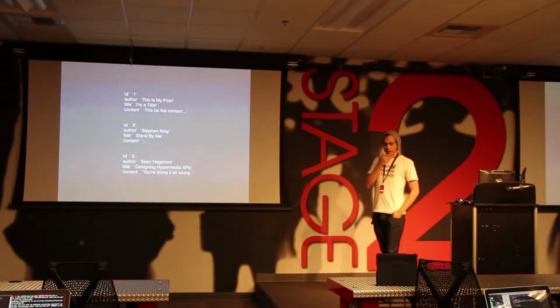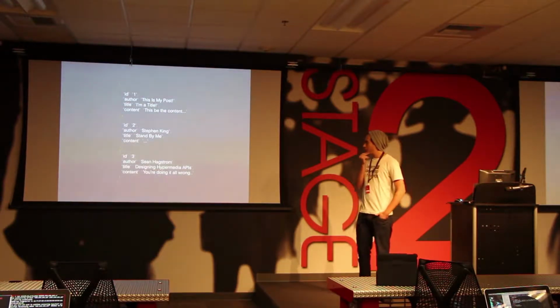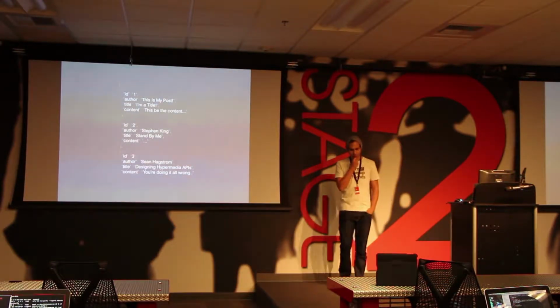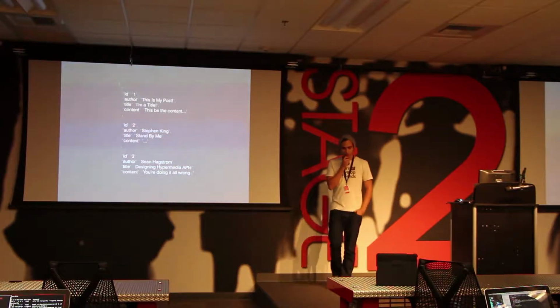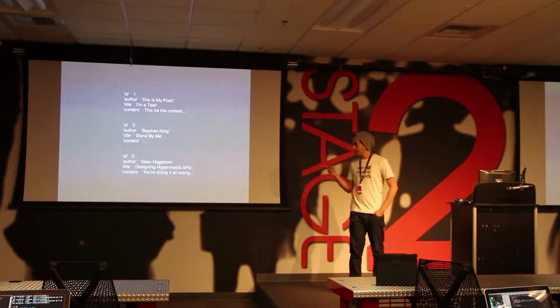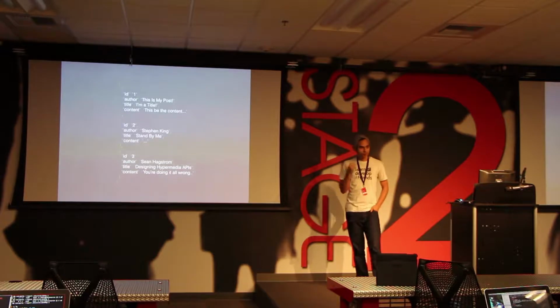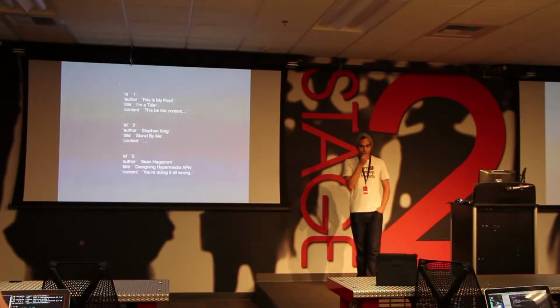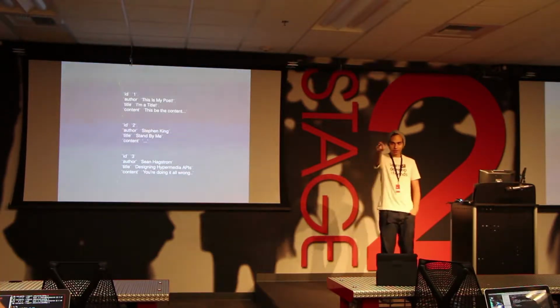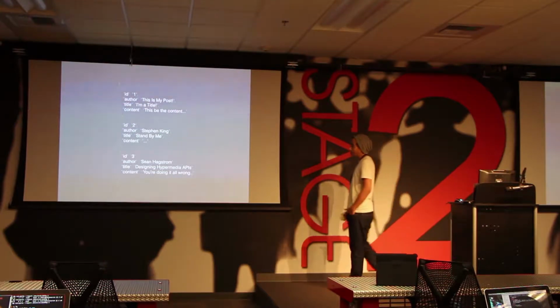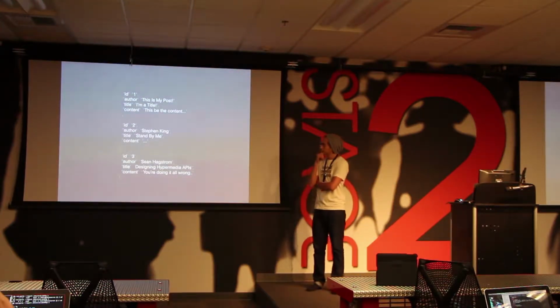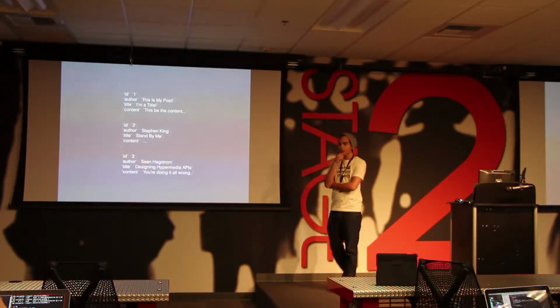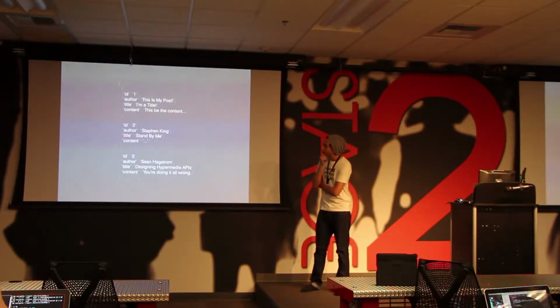I'm going to start off the talk by showing you guys an example. Does anyone know right now what this example is? JSON? Who said JSON? It's also Ruby. Well, from this view, you could probably assume it's JSON.